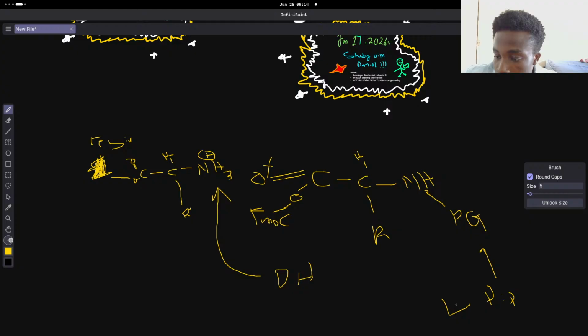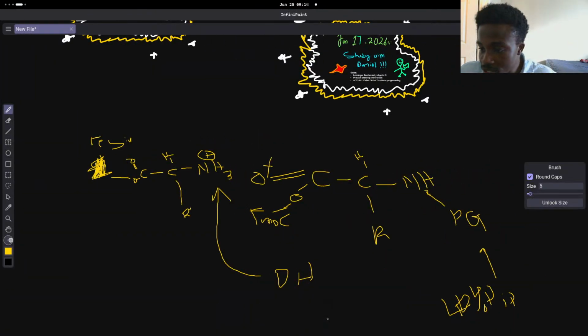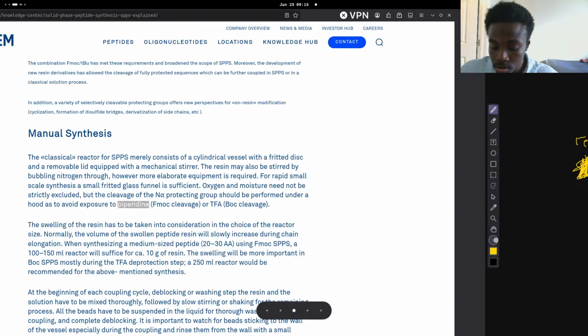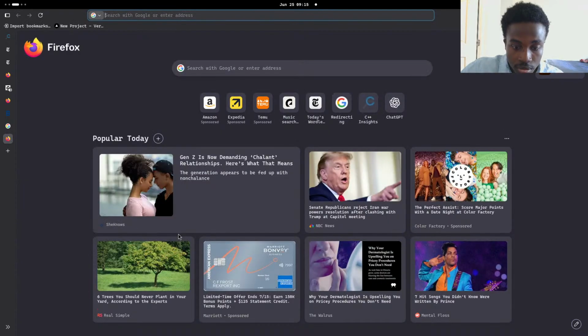Actually, I'm going to say 40%. This is 40% piperidine, guys. I don't know what you guys have seen here, but this is 40% piperidine. I'm terrible with mouse writing. Alright. A 40% piperidine solution is used to properly cleave a temporary protecting amine. Right? Nice. And what is the structure of piperidine?